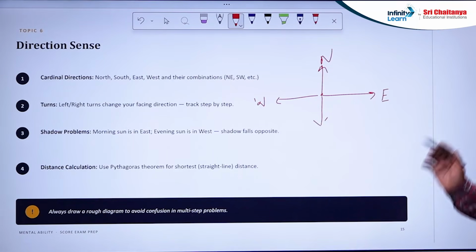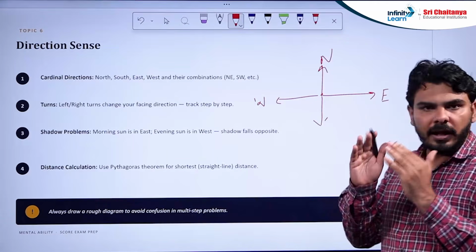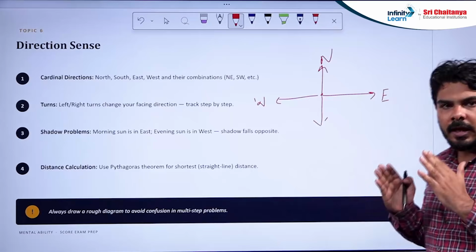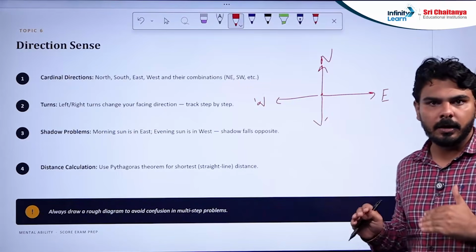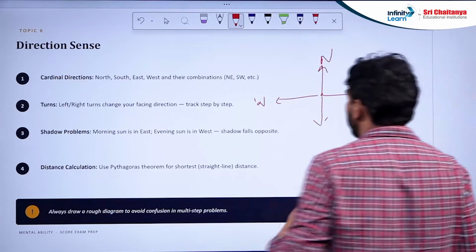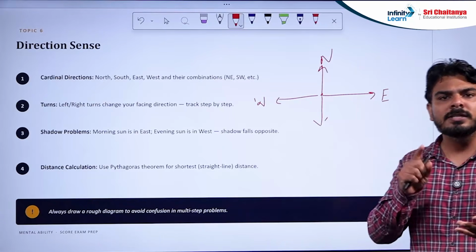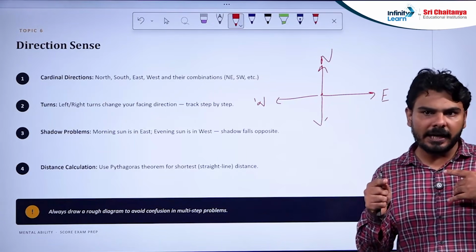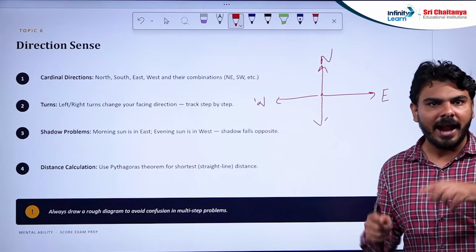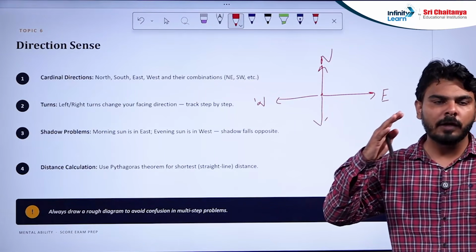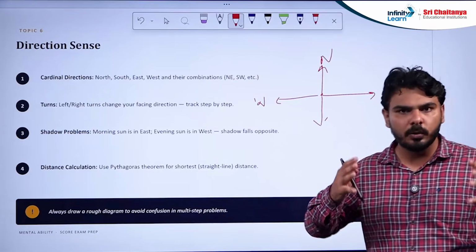If I tell you that Raj is facing north and he moves 10 kilometers north, then he turns towards his right. Now the student does not understand, and he asked me in class whether it is my right, your right or Raj's right. It creates a lot of confusion in the student's mind.